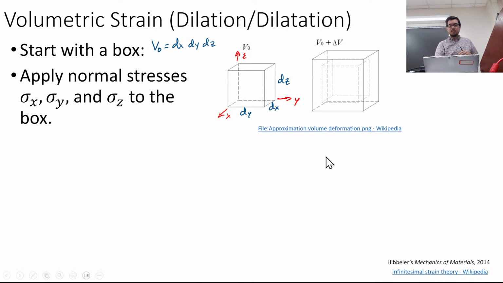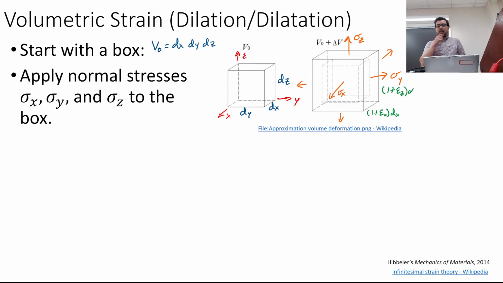In this case, what we're seeing here is the original idea of what the box's dimensions were. And then as we've applied what seem to be tensile stresses, sigma x, sigma y, sigma z, this box has expanded and its volume is now larger. So we have a new volume, V naught plus delta V.